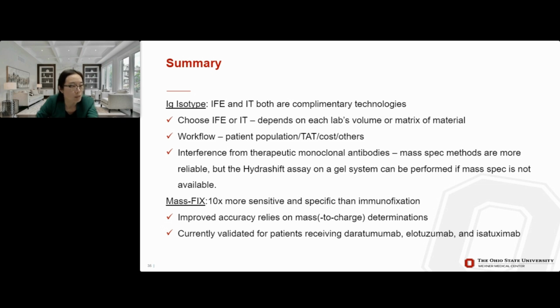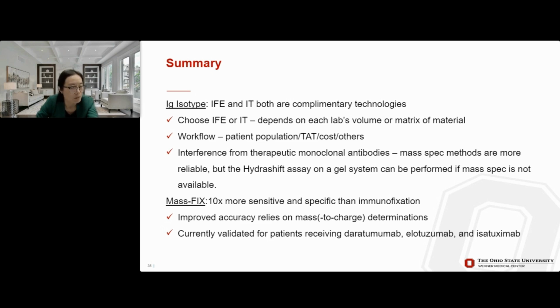And how to determine the workflow depends on your patient population, turnaround time, cost, and other concerns. For interference from therapeutic monoclonal antibodies, mass spec methods are more reliable. But the HYDRASHIFT assay on the gel system can also be performed if mass spec is not available.